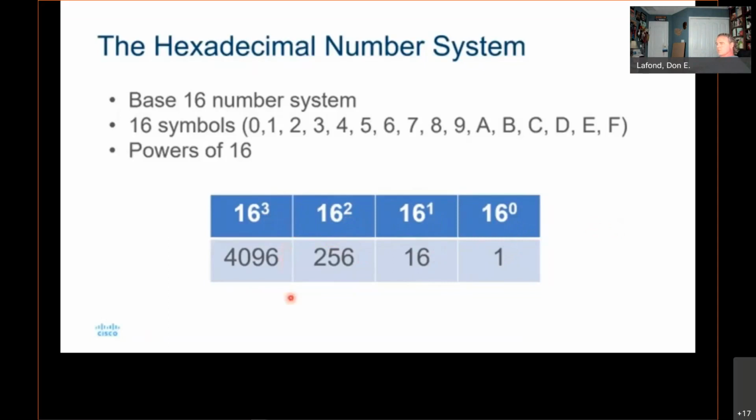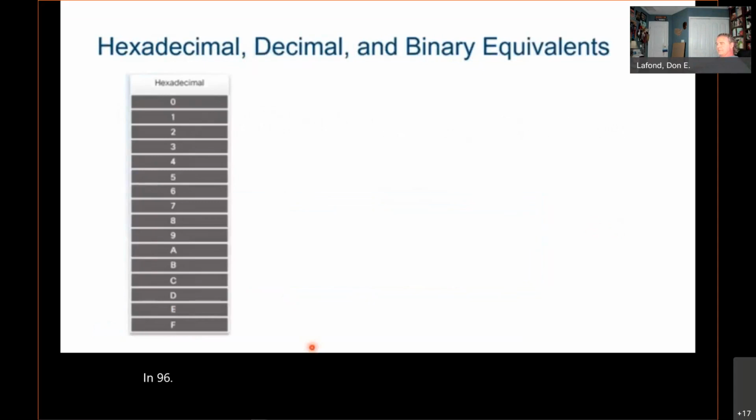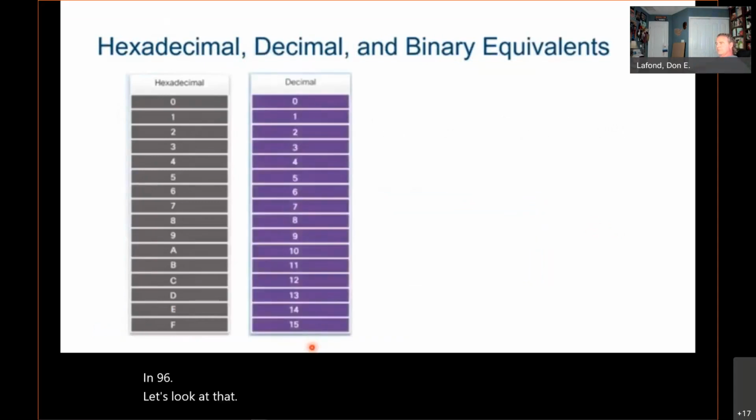Let's look at the decimal and binary equivalents of each hex symbol. These are the decimal equivalents. Note that the hex symbol A is equal to decimal 10, hex B is equal to decimal 11, and so on until we get to hex F, which is equal to decimal 15.